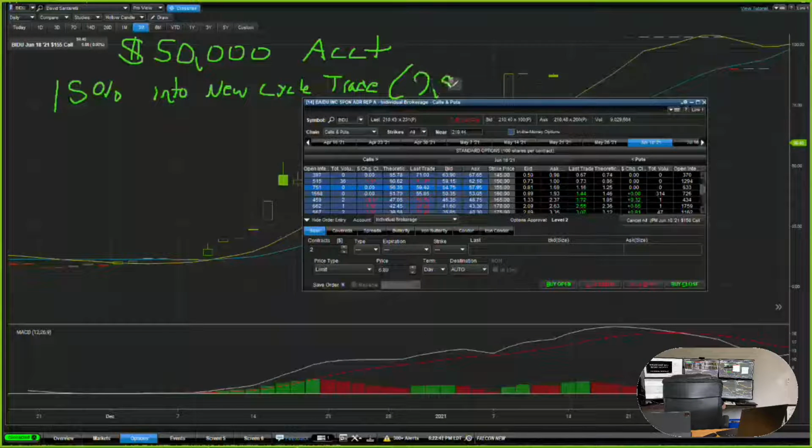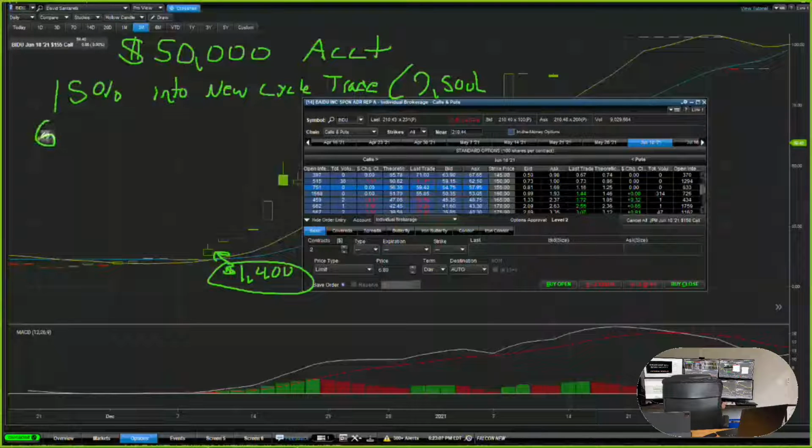So 7,500. Okay, so each one of these contracts cost $1,400 on that date, right? So let's see here. 7,500, divide that by 1,400, that comes out to 5.4 contracts. So we'll round it up to 6.